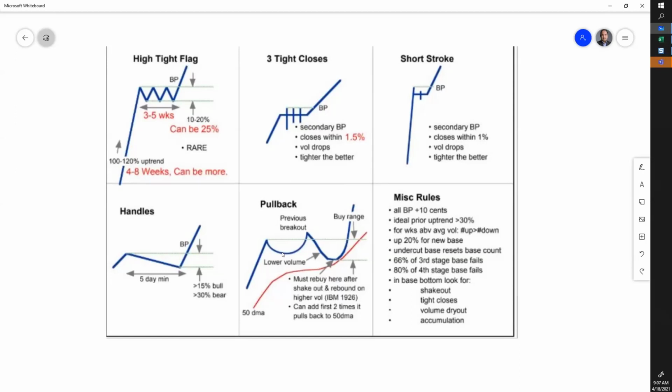Like in this particular case, yung pinaka-framework nila is they use the 50-day moving average. So they're still able to capture yung eventual breakout niya higher.